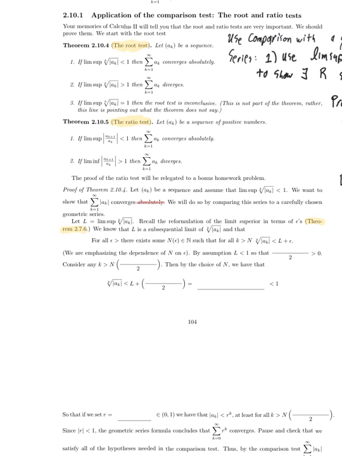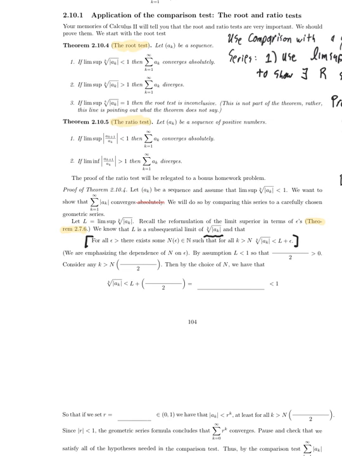So you know that L is a subsequential limit of this sequence because the limit superior is the supremum of the set of all subsequential limits. But one thing you know about the limit superior is that it happens to be a subsequential limit. The other thing you know is this line.